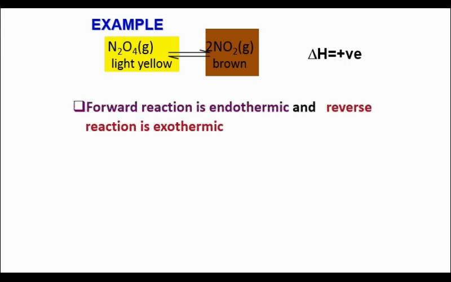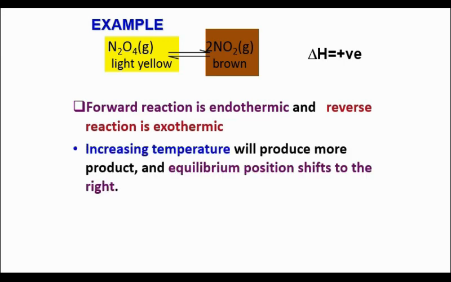Increasing temperature will produce more product because it is an endothermic reaction, so the increase in temperature will shift the equilibrium position to the right. So you will see the reactant will fade away and you will see more brown color.